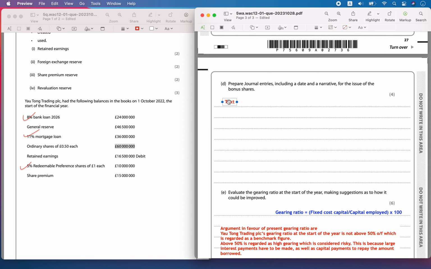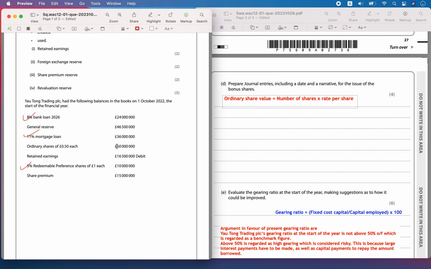So the ordinary share value is usually equal to the number of shares times the rate, or the number of shares times rate per share. This is the formula.